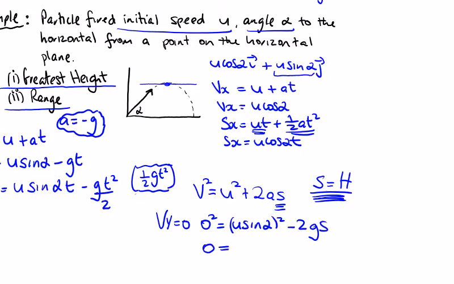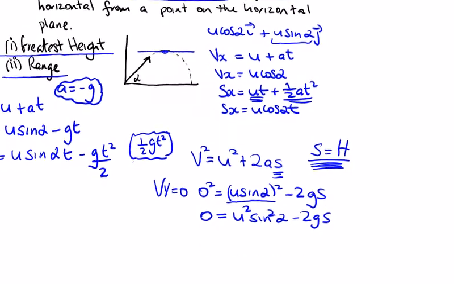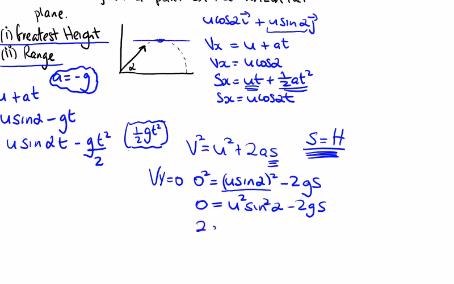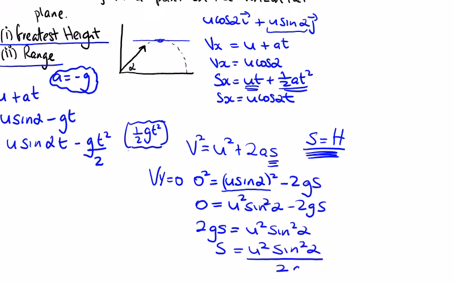So we just need to simplify this and get s on its own. So 0 is equal to, when we square a product, both of them square. So u squared sine squared alpha minus 2gs. So you can probably see what s is here, but I'm just going to do it the long way. 2gs is equal to u squared sine squared alpha. So s is equal to u squared sine squared alpha over 2g.